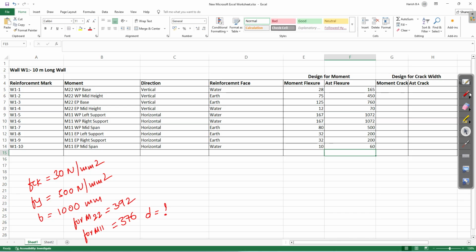So these are the area of steel, AST, in mm square per meter.